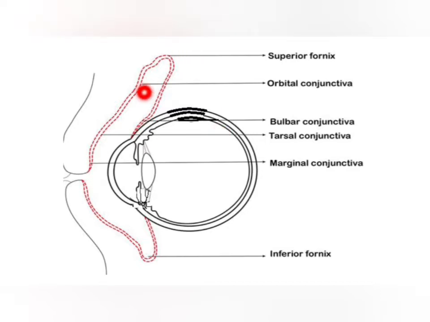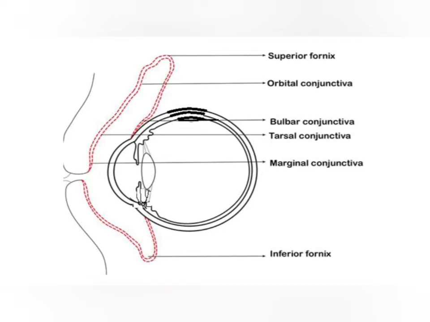And orbital conjunctiva, after marginal and tarsal, gets thicker in the fornix area. Another thing is that in marginal conjunctiva, at the junction of the eyelid and the conjunctiva proper, there is a formation of a groove, and the groove is known as sulcus subtarsalis.